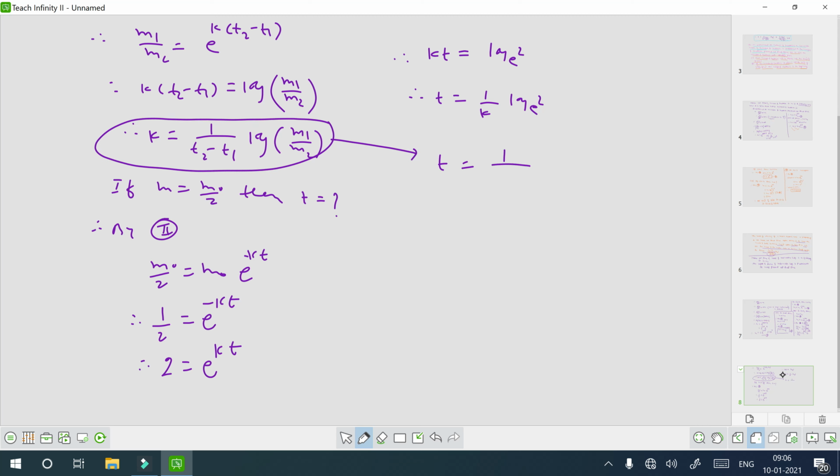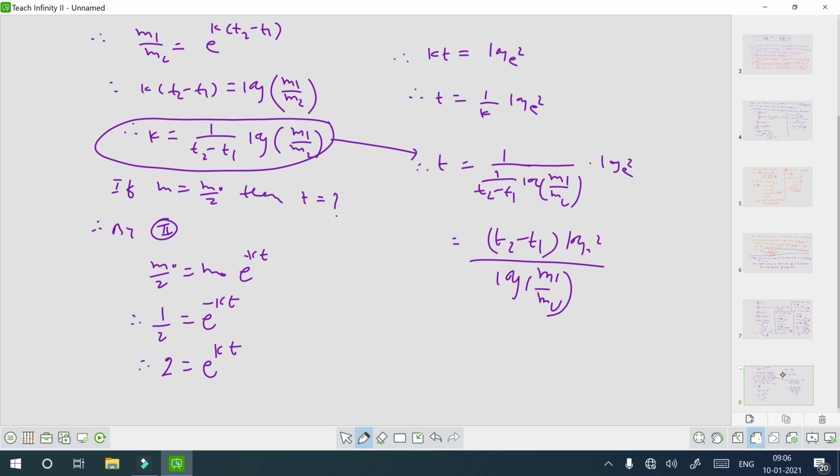Therefore t is equal to 1 by t2 minus t1 log m1 by m2 into log 2 base e. So what will we get? t2 minus t1 log 2 base e over log m1 by m2, and that we want to prove. Clear? Yes.